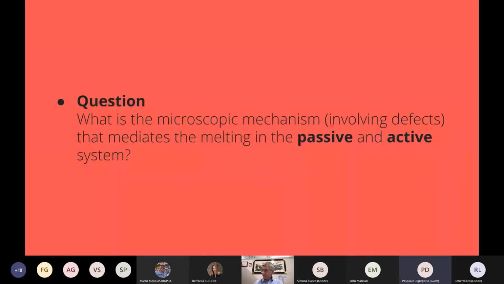The purpose of our work is twofold, because we are interested in clarifying the microscopic mechanism, which involves topological defects as in the Kosterlitz-Thouless theory, that mediates the melting, both for the passive and the active system.